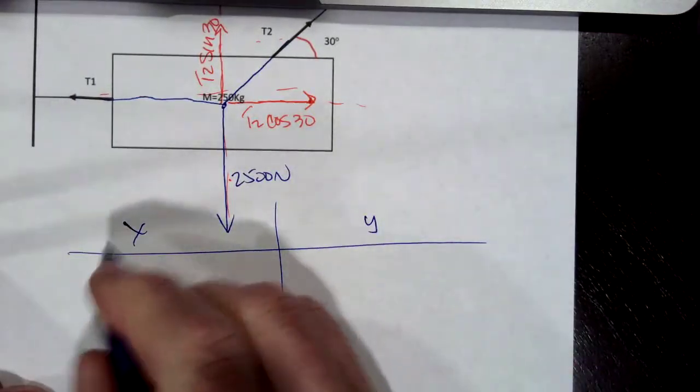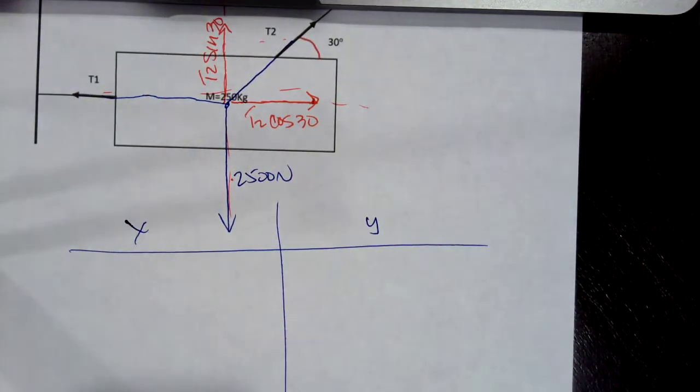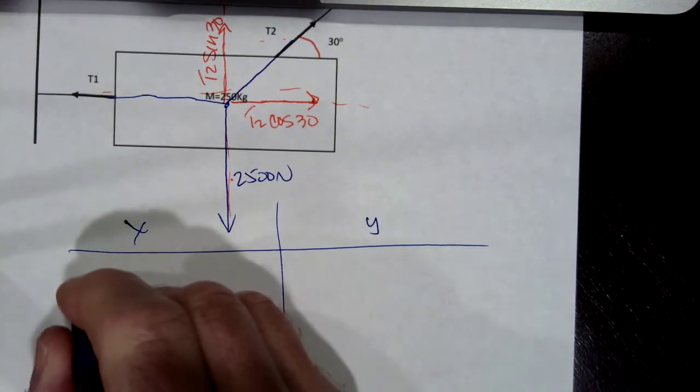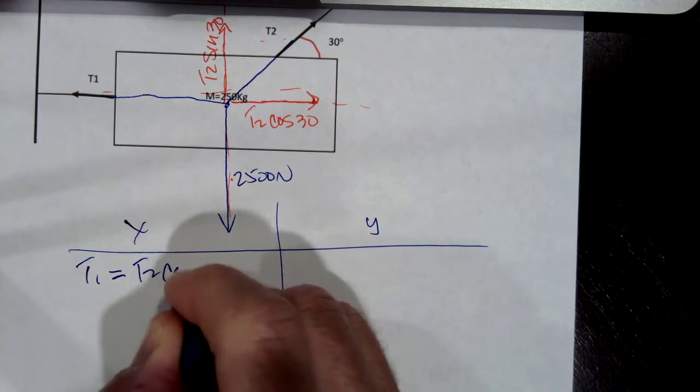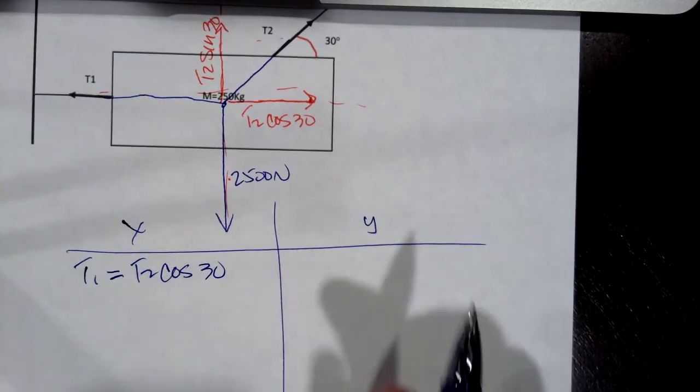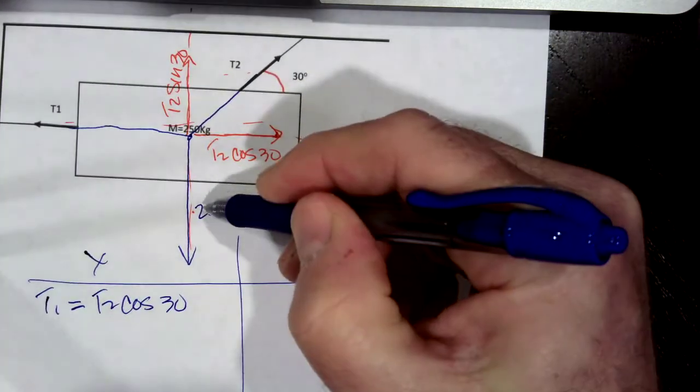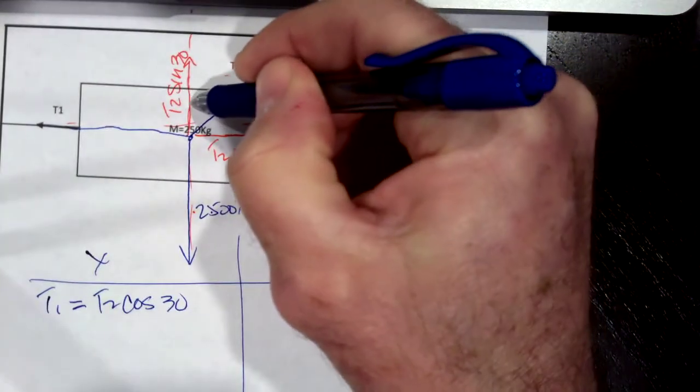On the X axis you have pulling to the left. Remember, this is a static equilibrium problem. It's just hanging there. That means it's got to be balanced forces. That means T1 has to balance T2 cos 30, and 2500 has to balance T2 sine 30.